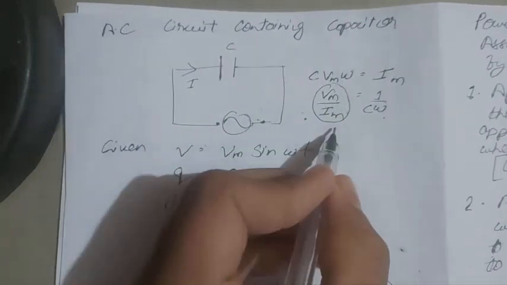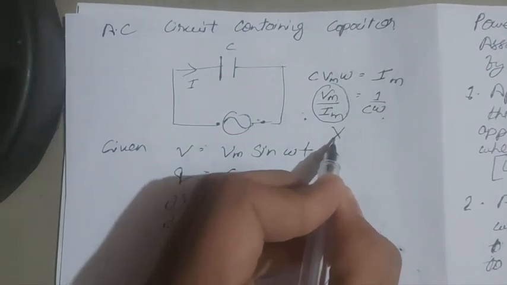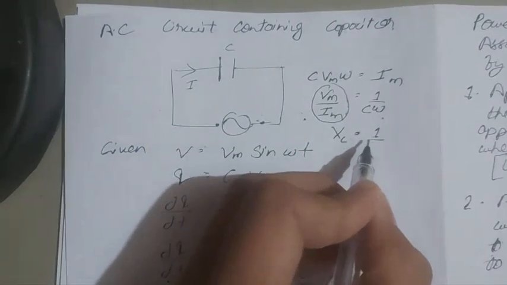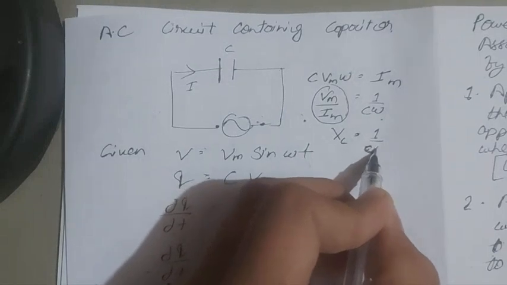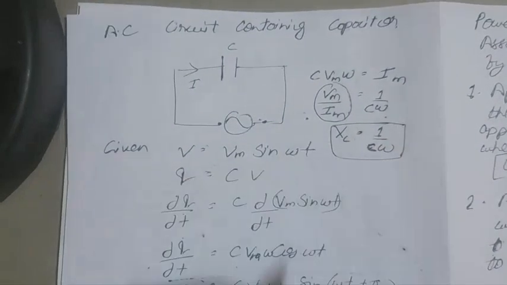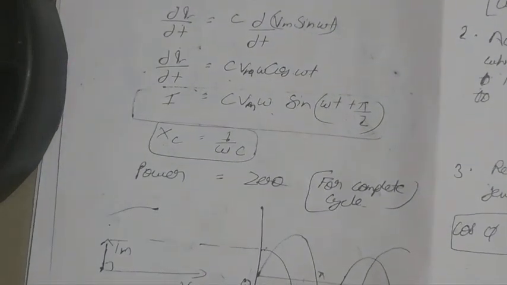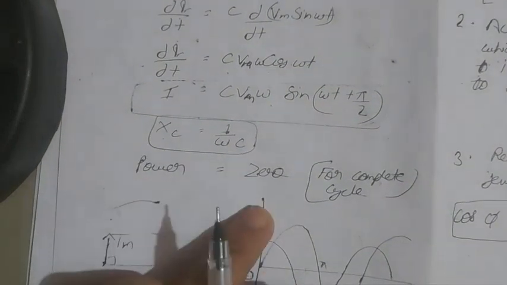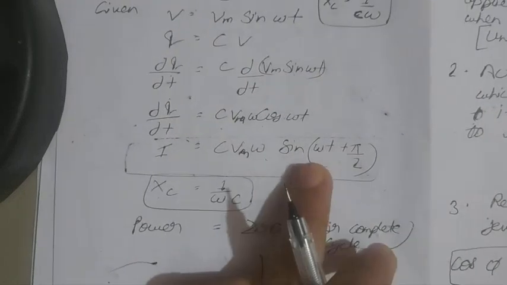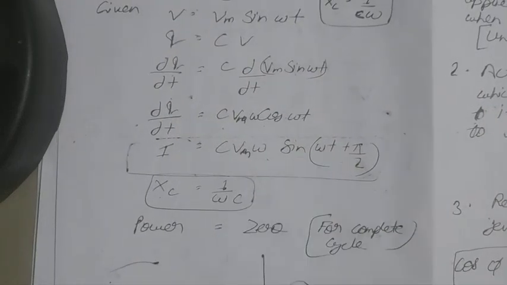This is what we call XC, which means reactance due to capacitor. So this is obtained. Power is also 0 because the phase difference between current and voltage is pi by 2.